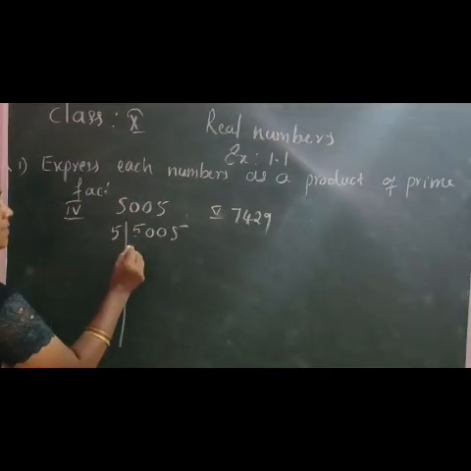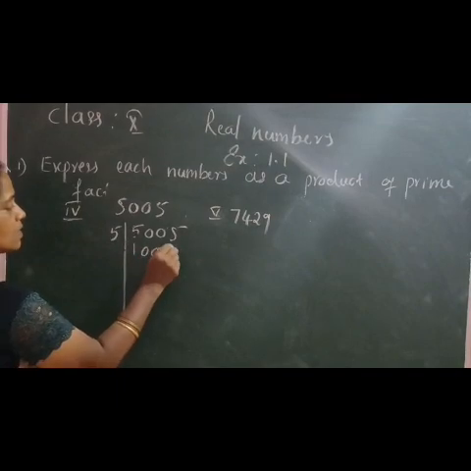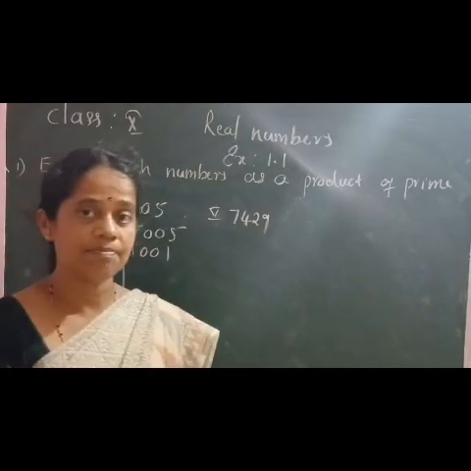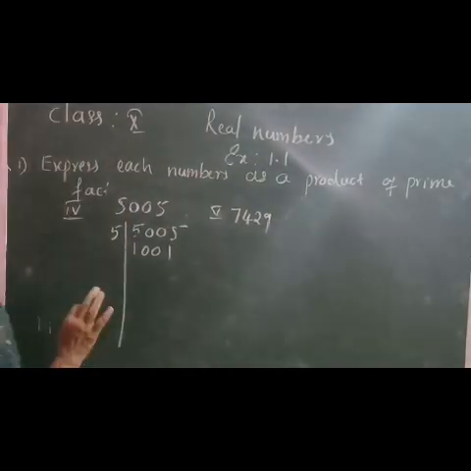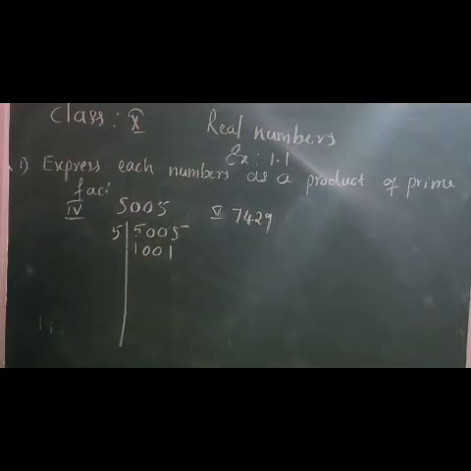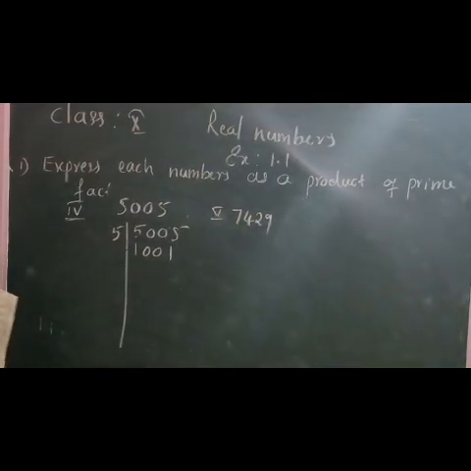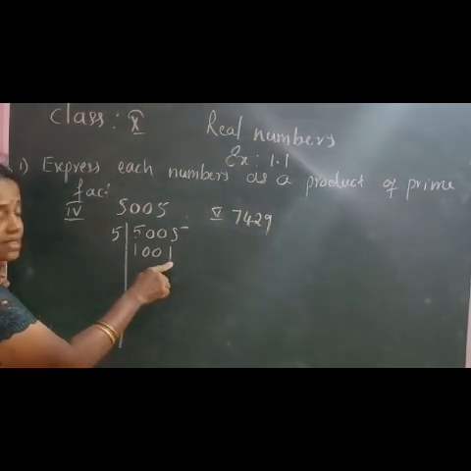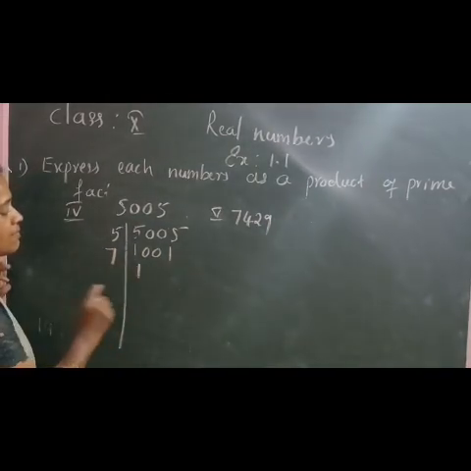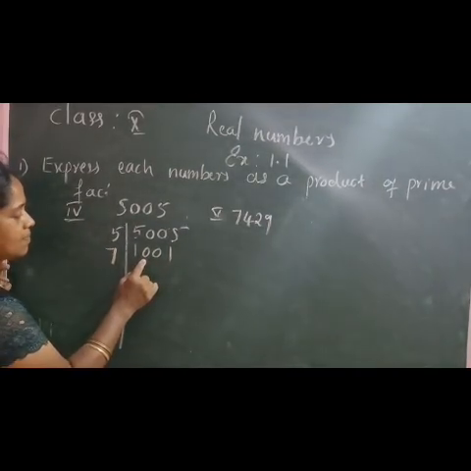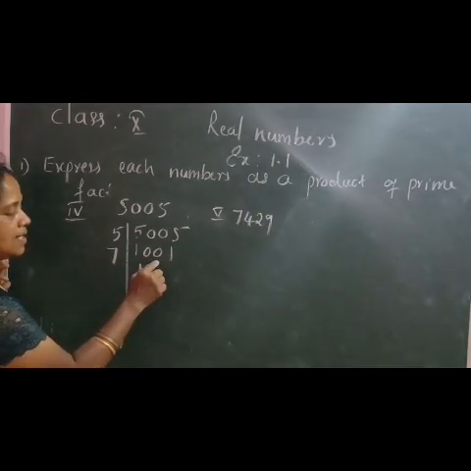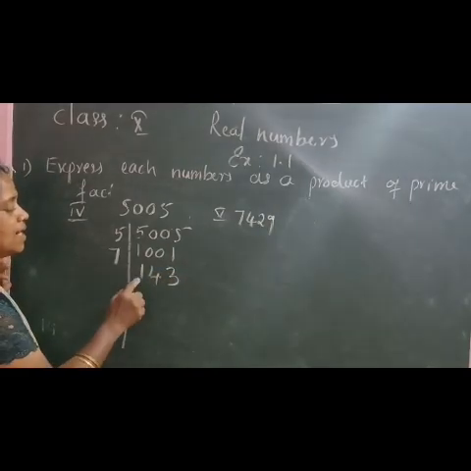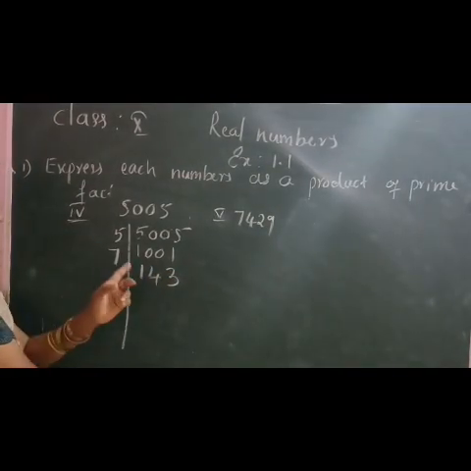So divide by 5: 5 times 1001 is 5005. Now 1001 is not divisible by 2 or 3, so you have to check by which number it is divisible. Let us check 7 because the unit place is 1. 7 times 143 is 1001. Now let us check whether 143 is divisible by 7.